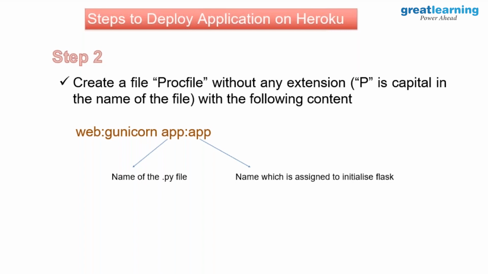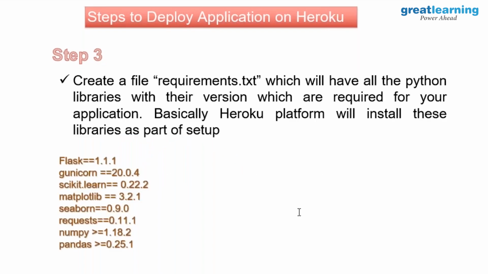Third step is you create a configuration file which is known as requirements.txt. This file necessarily should have the extension .txt. R is in small case. Now what this file contains is the exact version of the libraries through which you have created the model. What Heroku needs?